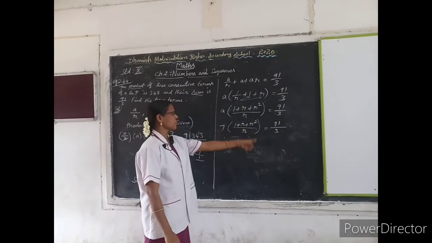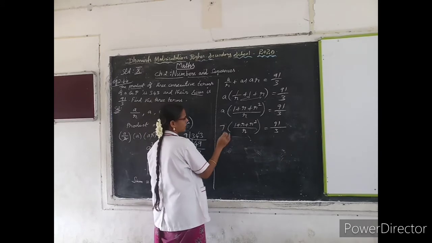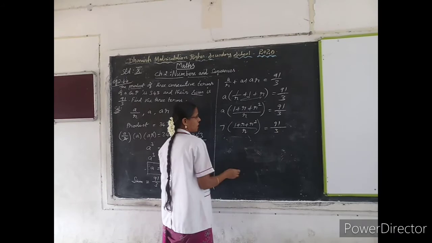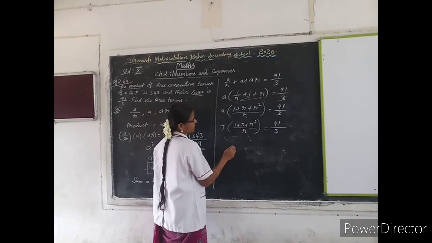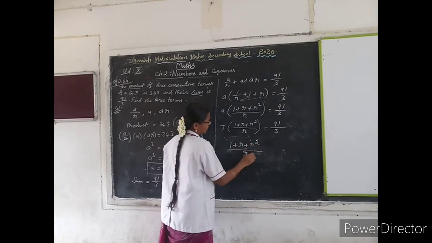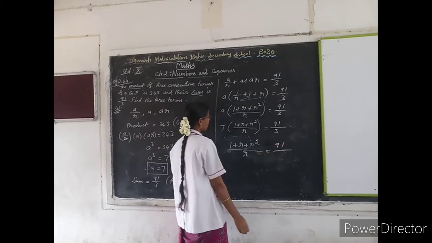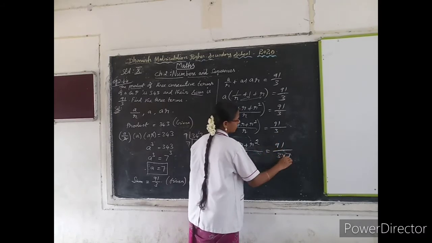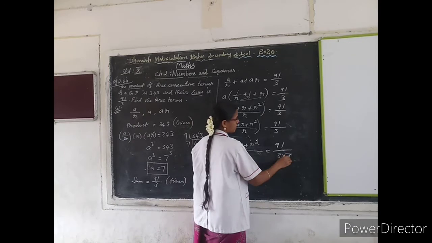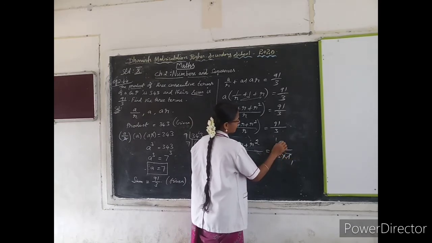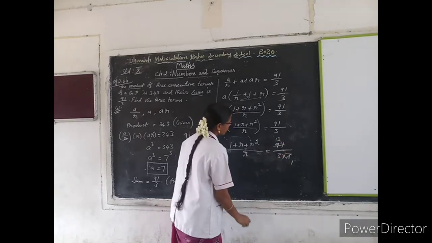Transfer this 7 to that side. Here it is a product, 7, so going to that side it will become division. That is 1 plus r plus r square divided by r is equal to 91 divided by 3 into 7. Now cancel by the 7 table: 7 into 13 is 91.